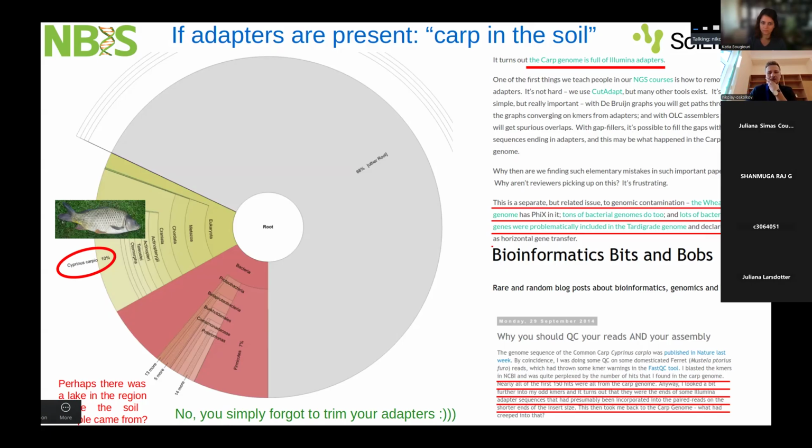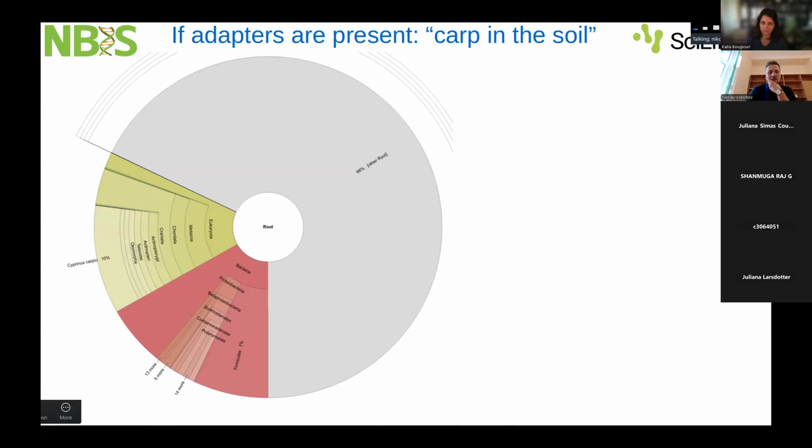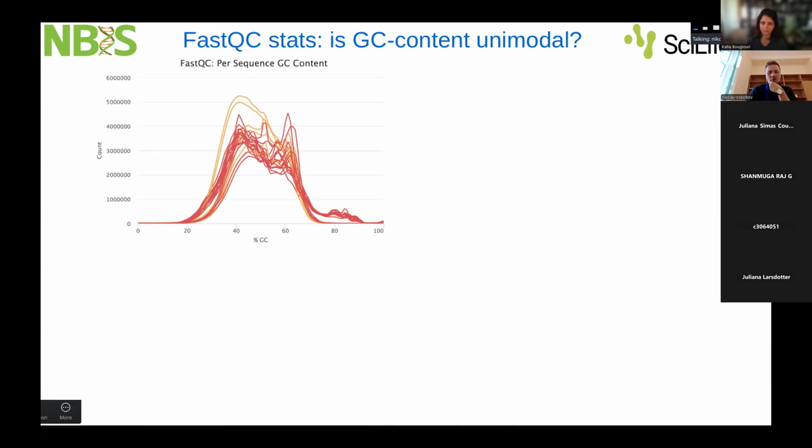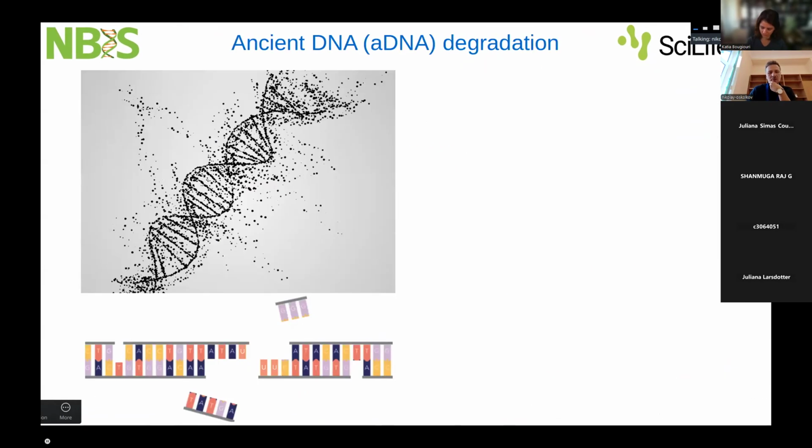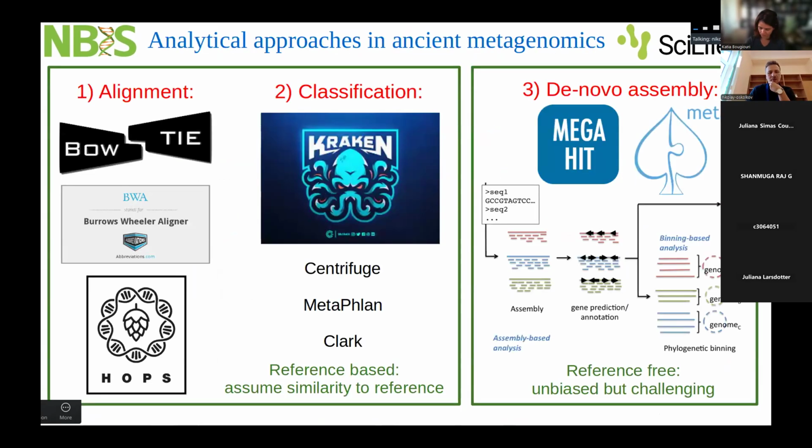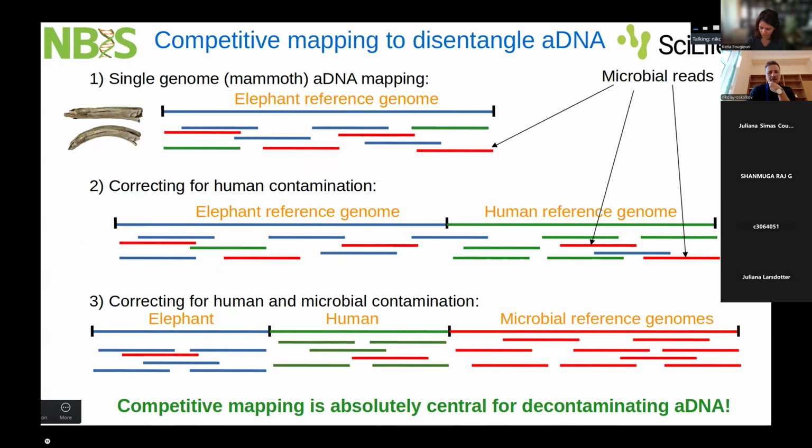And of course, if you're running a single organism approach, like here, let's go quickly back, maybe here you think there is only mammoth DNA because it was a mammoth task. It would be strange to actually concatenate your elephant reference with a Cyprinus carpio reference.